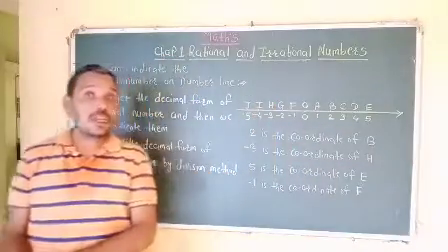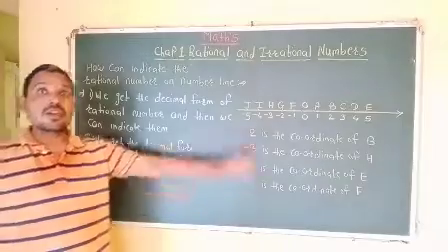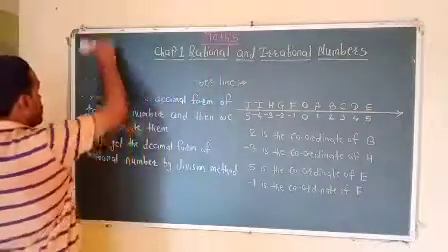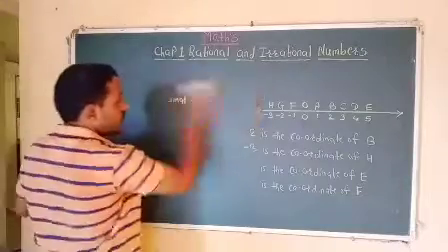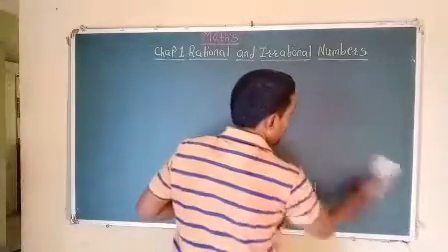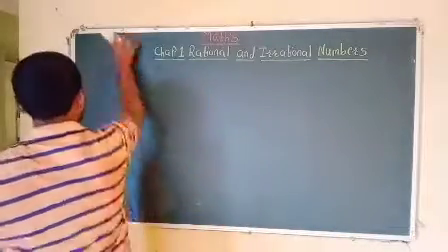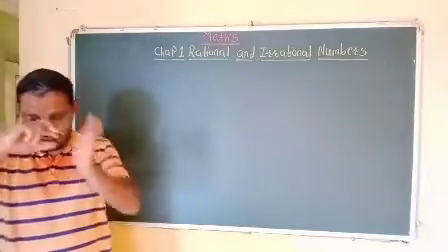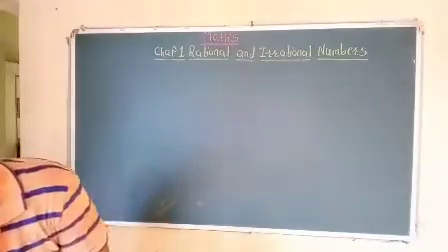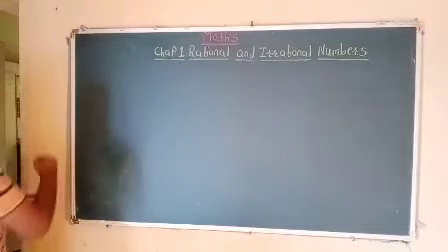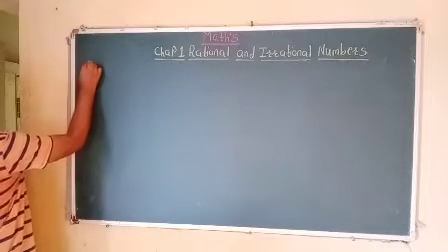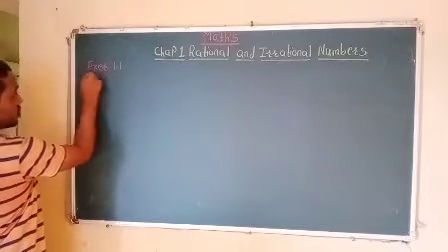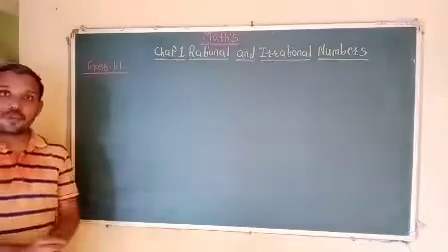Let us see then how we can indicate the rational number on that number line with an example. Exercise 1.1.